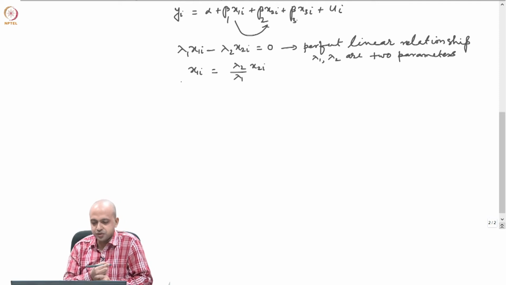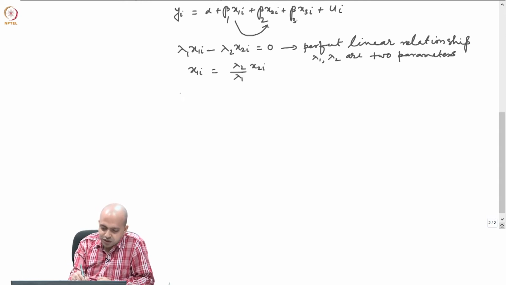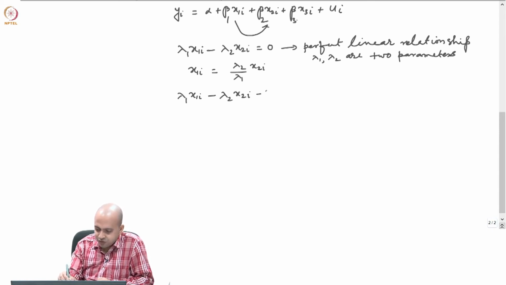This is called perfect linear relationship. But even though the relationship is not perfect but quite high, then also there would be adverse consequences in your estimates. And how will you represent that near perfect relationship? Let us say this is x1i minus lambda 2 x2i minus some vi equals 0, where vi is an error term.